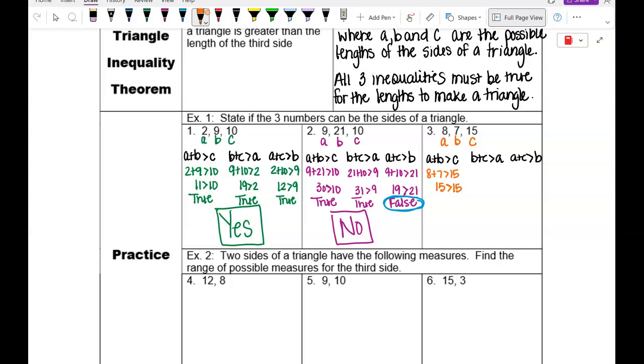Is that a true statement? Is 15 greater than 15? No, that is false.